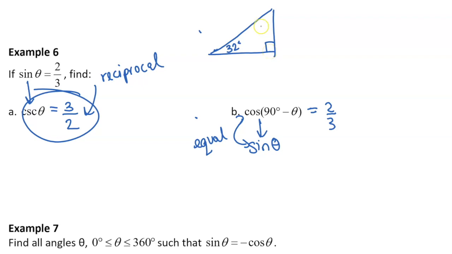There's our 90-degree angle. So this is going to be 58 degrees. And we're going to label these sides A, B, and C. So if you wanted to find out what sine of 32 degrees was, it would be equal to A over C.